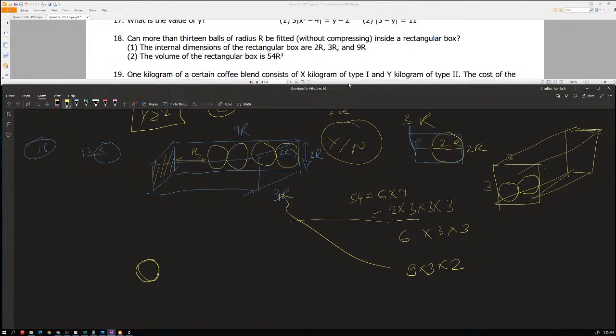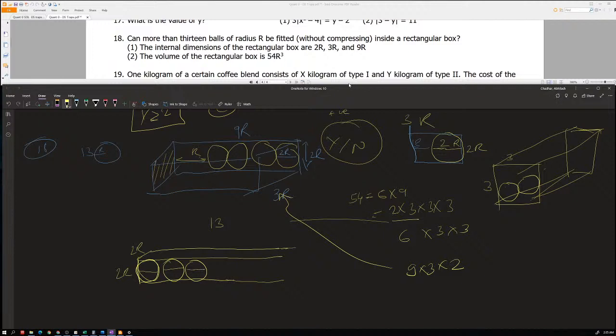Let's make it something like 2R, right? Suppose this is 2R, and I have the length, and I have this also as 2R. Okay, so I make it 4.